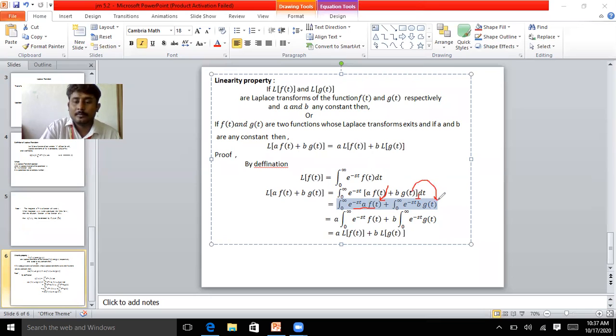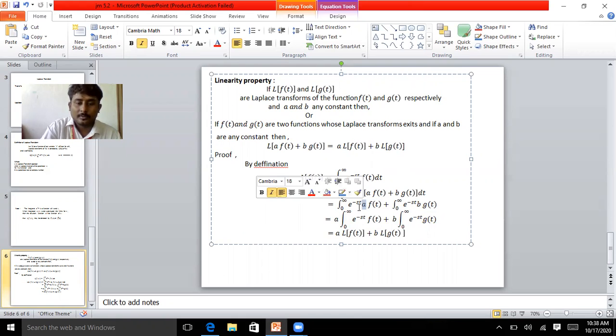Now we already solved the previous problem, the constant multiple of any function, where there we used k and here it is a.